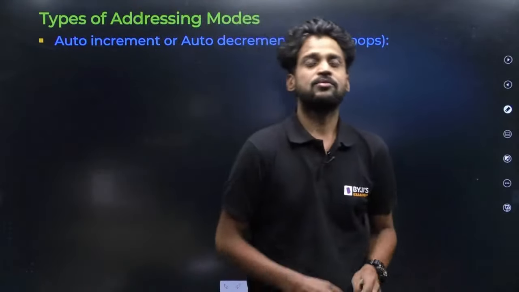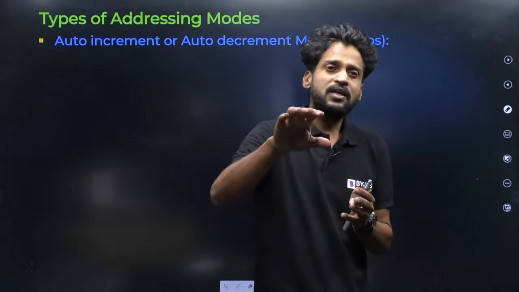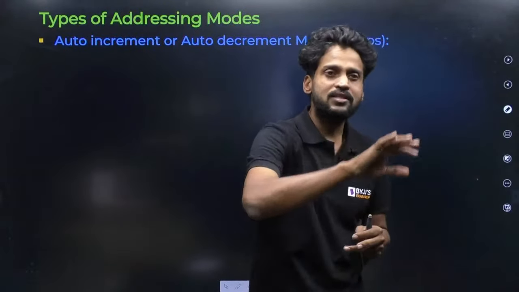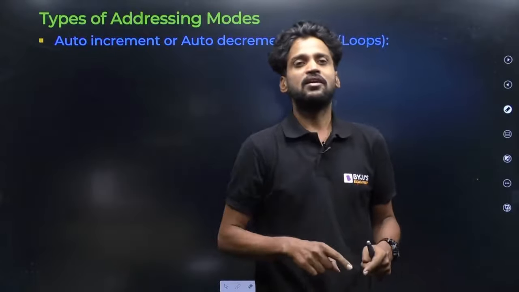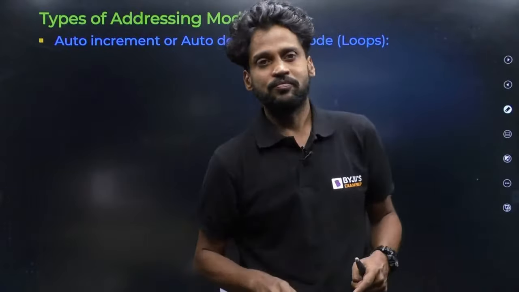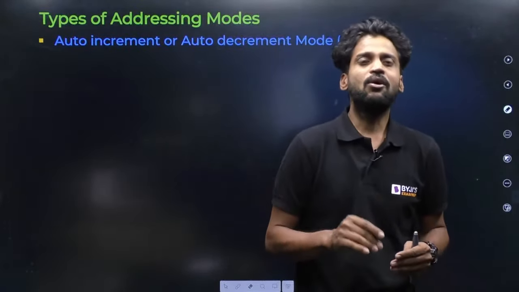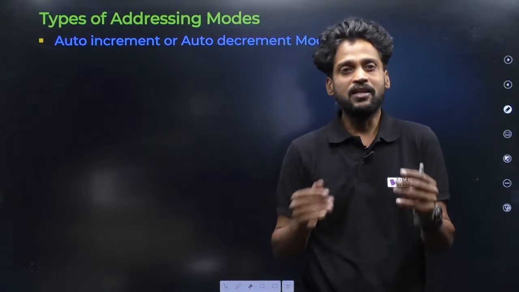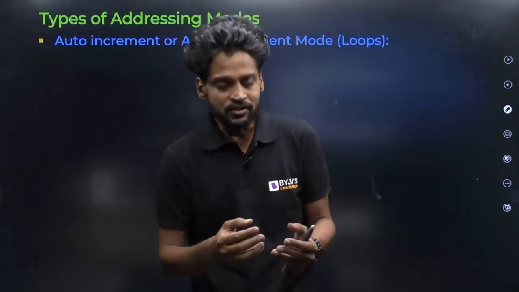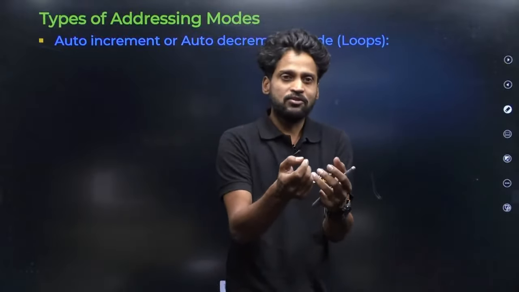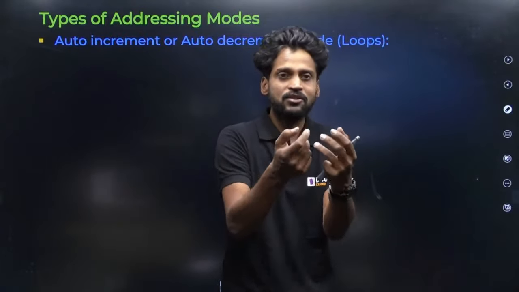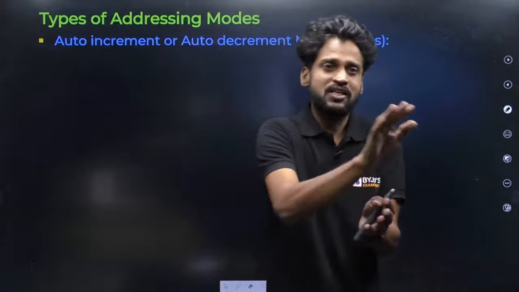What exactly is this? Auto increment addressing mode or auto decrement addressing mode is pretty much similar to register indirect addressing mode. How? Recall register indirect addressing mode. In the register indirect addressing mode, the instruction is specified with a processor's register. The processor's register has a memory address.